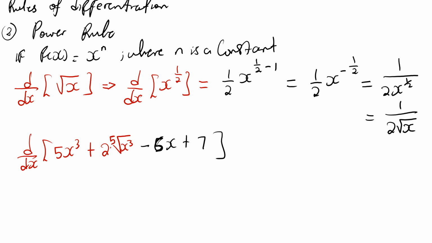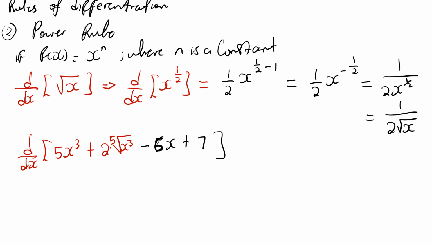But let's check whether our terms are in exponential form. We can see this term is not written in exponential form, so it is our duty to write it in exponential form.